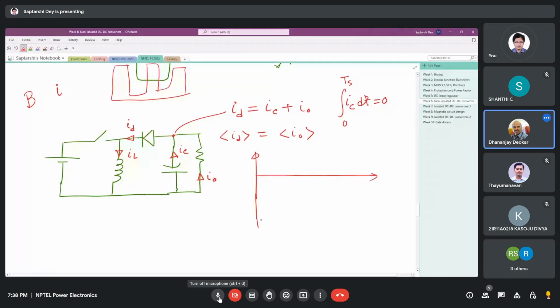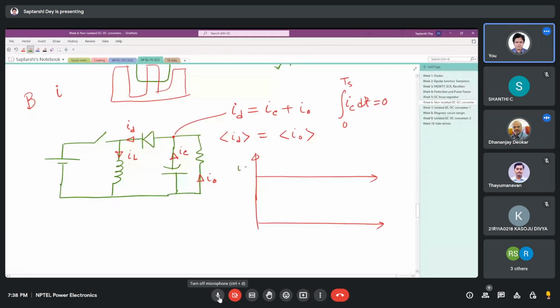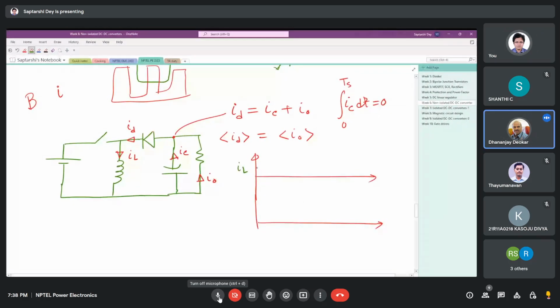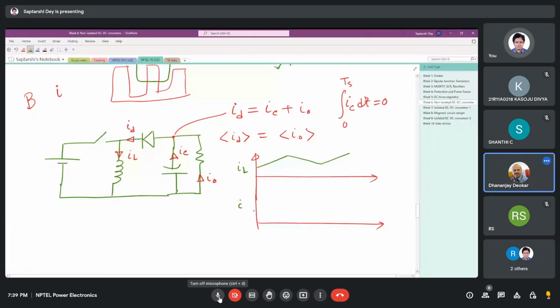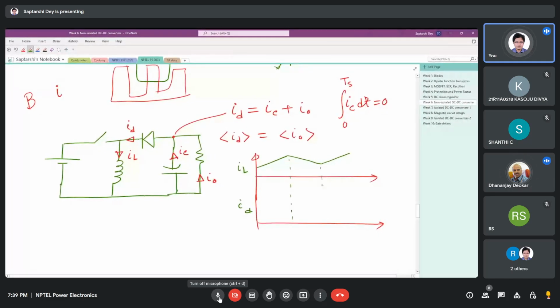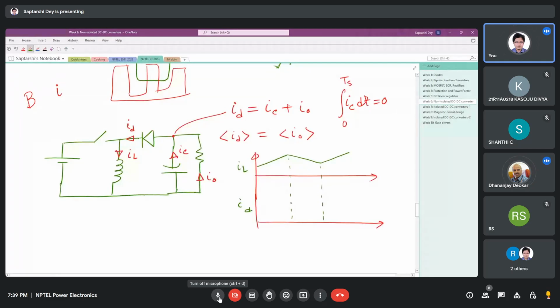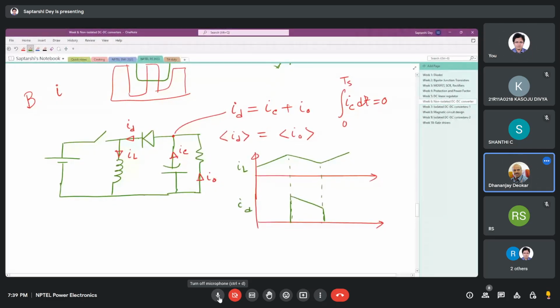Now, if we look at the inductor current IL, it is like this. One portion is through IL. The diode current, if I draw, when the inductor current is rising, the diode is not conducting. Diode current is like this.